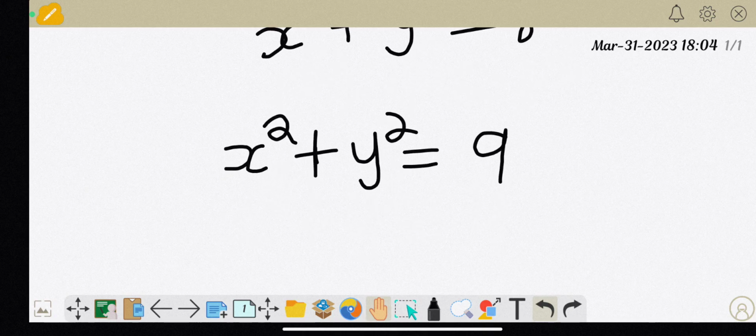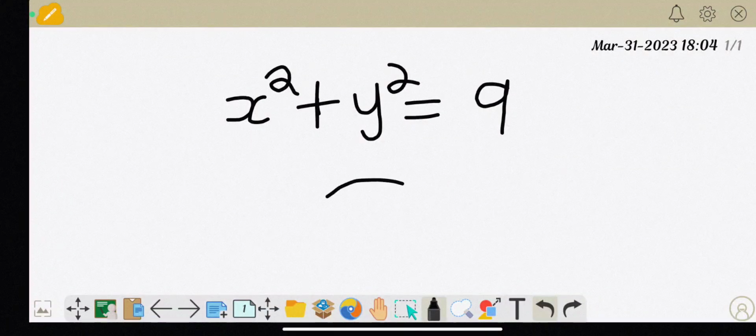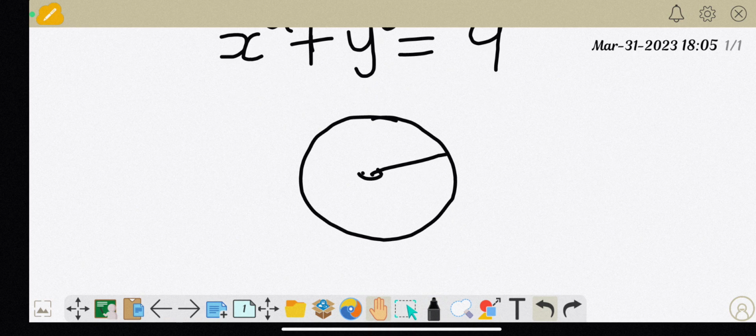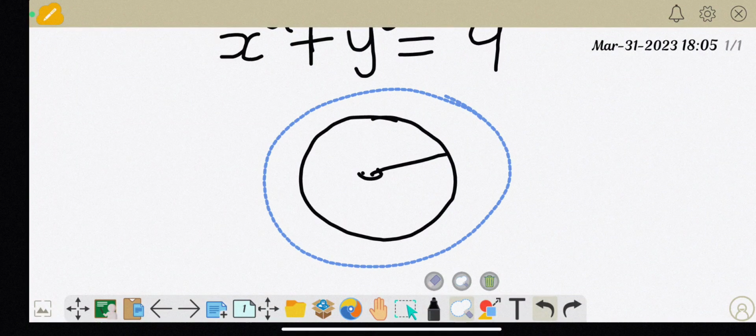If you know the radius, you can find the area of the circle, correct? How do you find it? Pi r square. The same problem can be solved using a parametric equation.